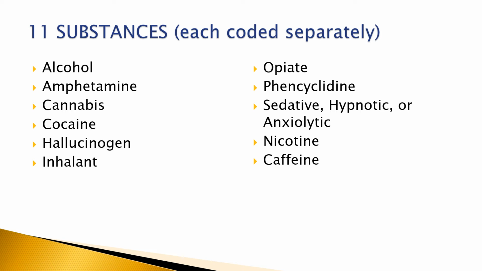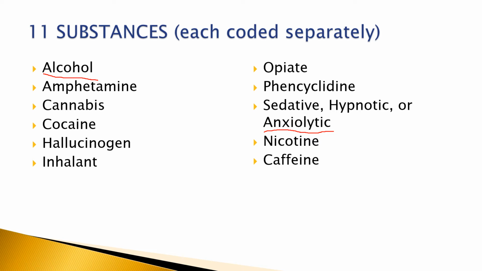Now, if they're using both, let's say, Valium and Librium as an anxiolytic, you don't code 2 anxiolytic diagnoses. You only have 1. Okay, so if they're using alcohol and anxiolytic medications inappropriately, then you would code 2 diagnoses.